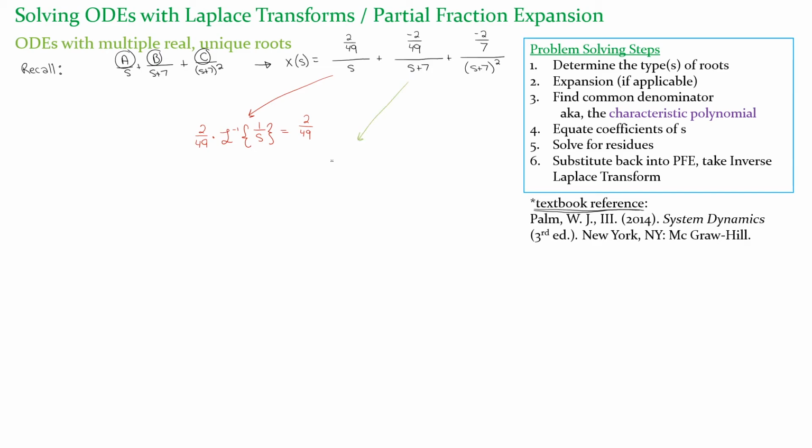Looking at this term, if we pull out the negative 2 over 49, we see something of this form in our Laplace table, and we can obtain the following.